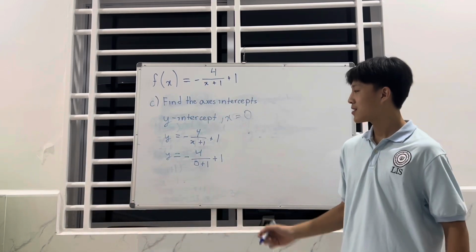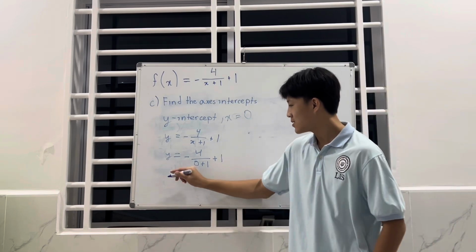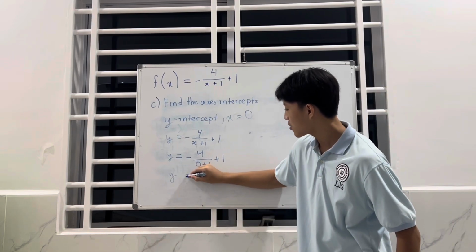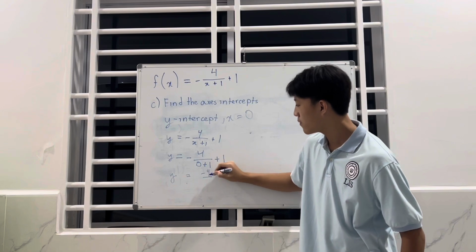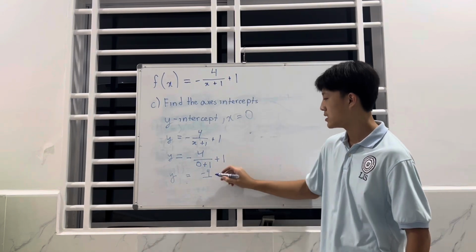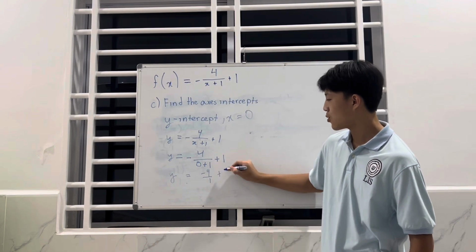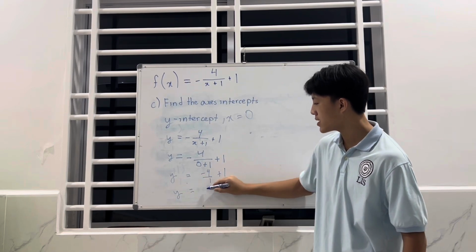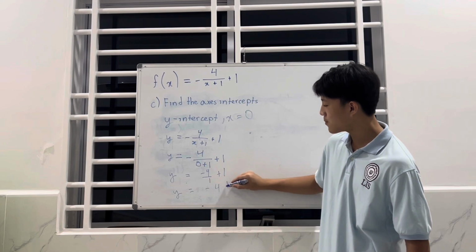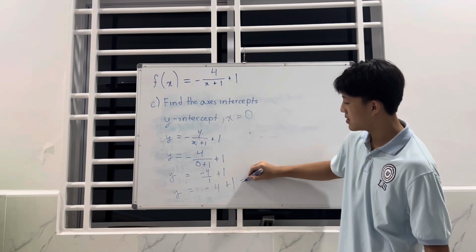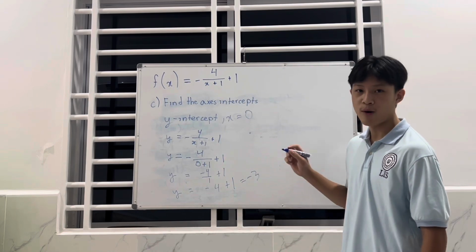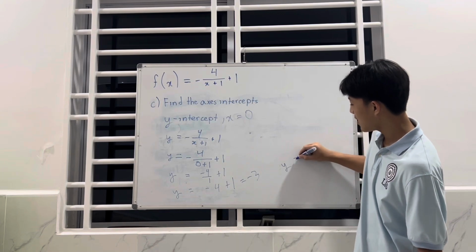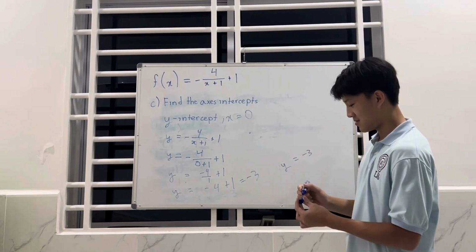And now you've got to simplify it. So y equals -4 over 0 plus 1, plus 1. So y is equal to -4 over 1, that's -4, plus 1, that is -3. So our y-intercept is y equals -3.